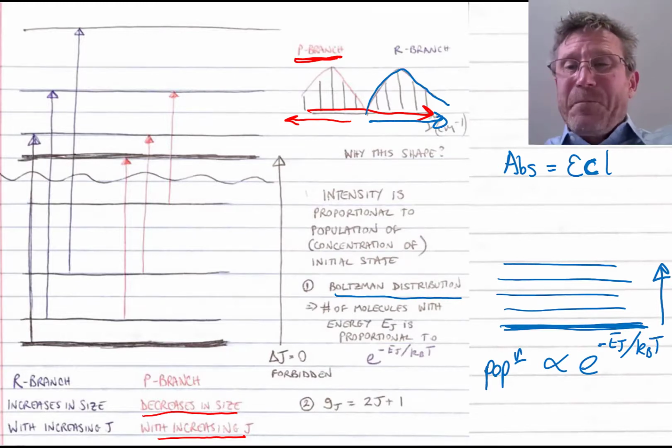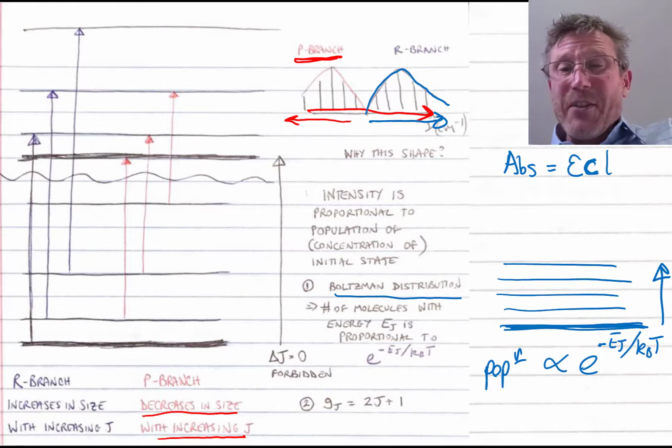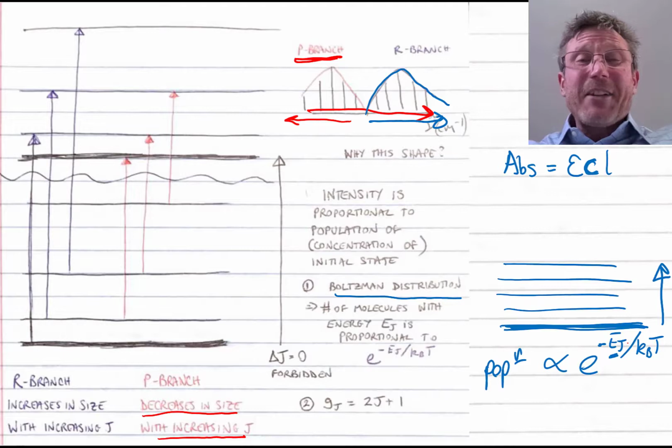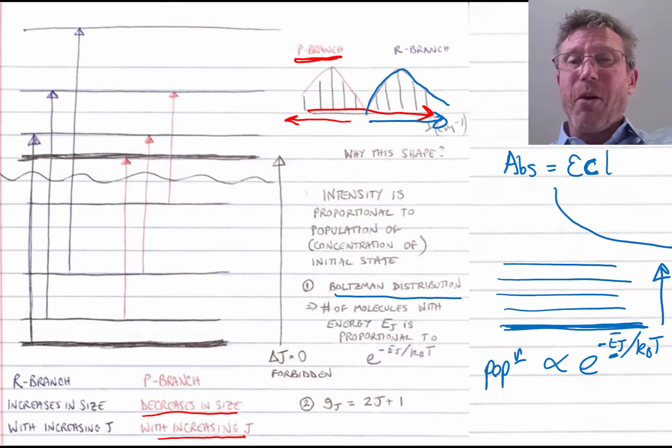So for a fixed temperature, what we find is that the lower this energy level is, again, we've got a minus component in here, so that means that this exponential term is going to be larger. So when you think about it, this exponential term says that our populations are larger in the lower energy states. And as we go up, those populations start to exponentially decrease. So what that means is that we end up having a kind of exponential drop-off. I'll show you that in the next slide.